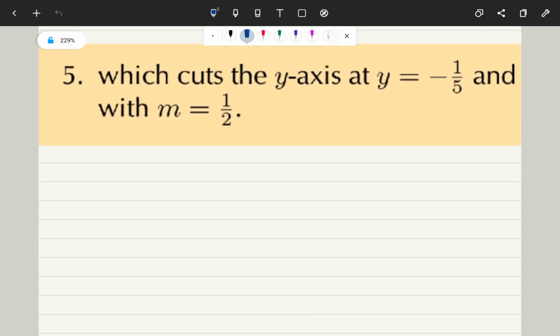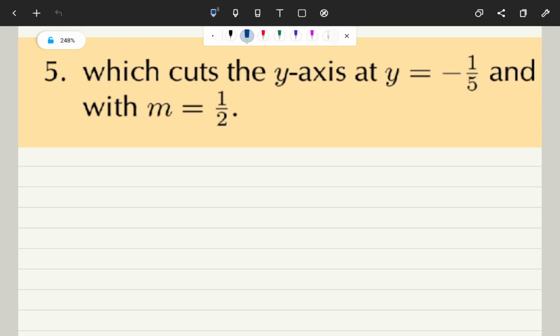Whew. Okay, this one is very interesting. What was quite interesting about this question is that they say this line cuts the y-axis at y equals minus 1 over 5. So you have to think: what does that mean? My line cuts the y-axis, which means that point is your y-intercept.